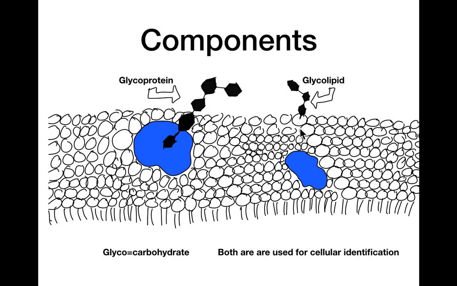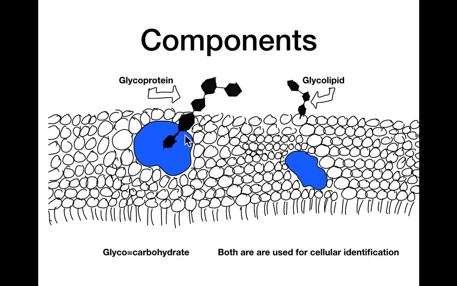And then over here we have a series of sugars that are attached directly to the phospholipid. So that's called a glycolipid. Okay, and both of these are used for cellular identification. I don't know if you've heard of this yet, but we'll talk about it later this year: we have A, B, O blood groups, AB blood groups.